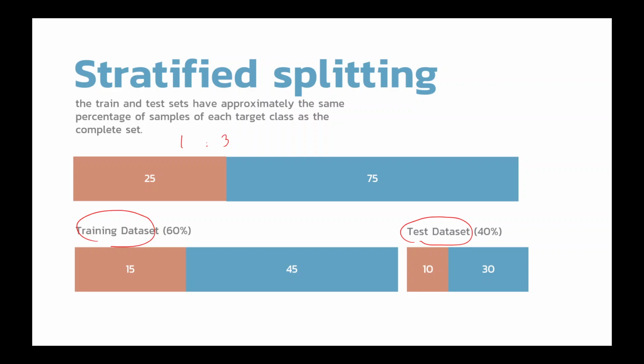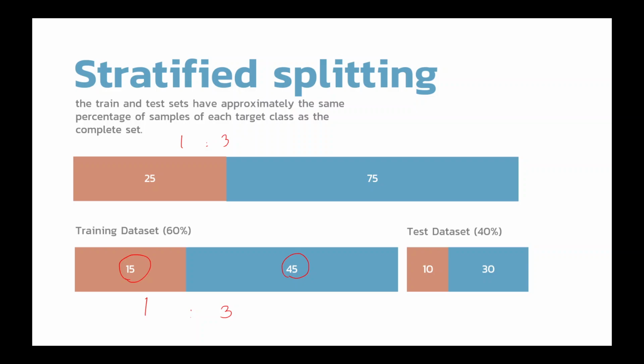But what stratified splitting does is make sure that your class distribution among the training and the testing data set is the same. So it's doing something like this. In your training data set, you're going to have 15 samples in the red class and 45 samples in the blue class, right? So that's a 1 to 3 distribution of class. So in the 60 samples that you reserve for training, you have a 1 to 3 ratio of class distribution.